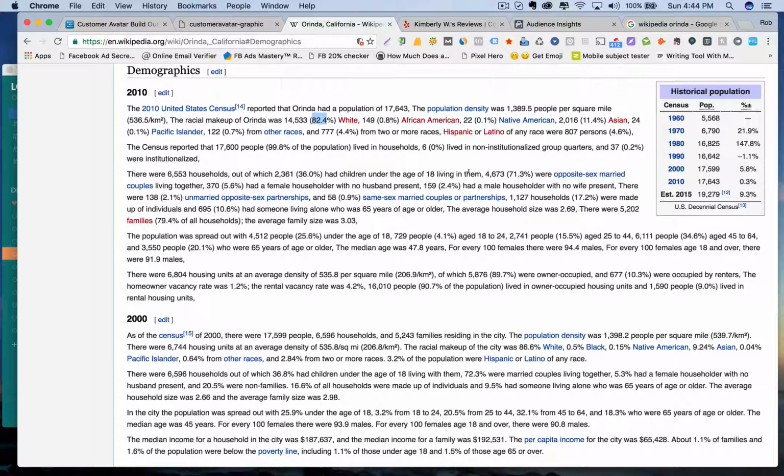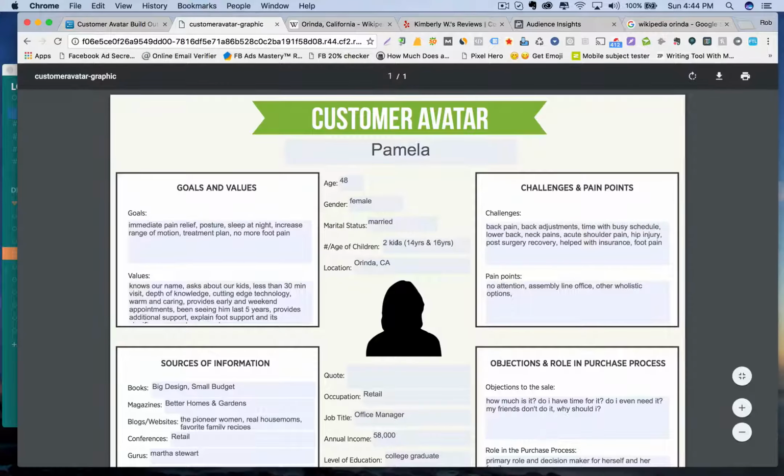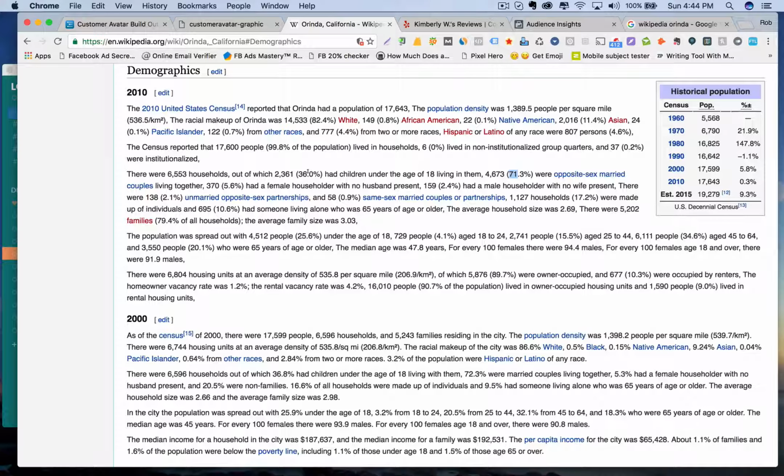Children under the age of 18, 71%. All right, so let's go children, yes. Here, what else? Female householder. Okay, population spread out.